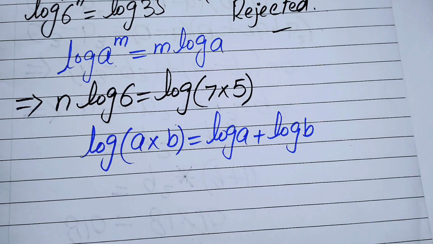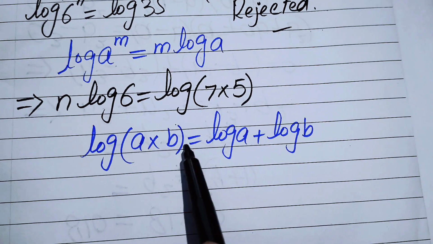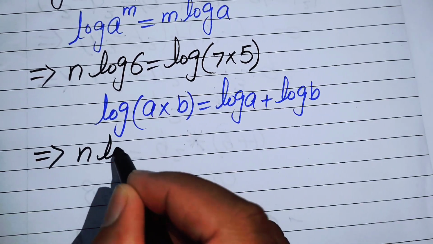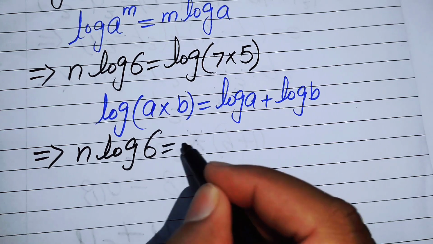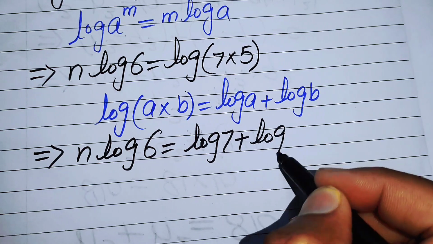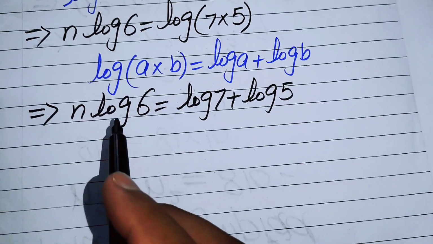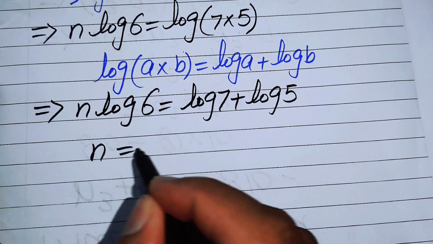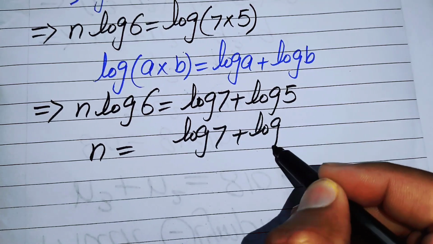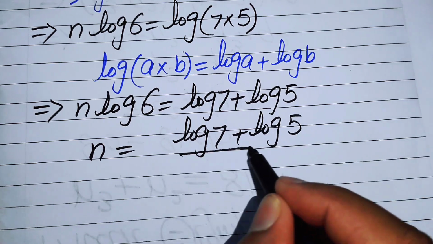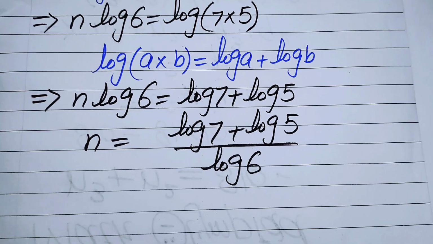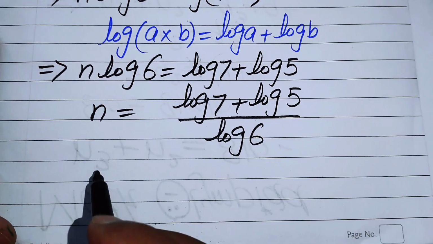So now we can use this property in the right hand side, so the right hand side will be written as log of 7 plus log of 5, and we move this log 6 to the right hand side, and you get n is equal to log 7 plus log 5, whole over log of 6.